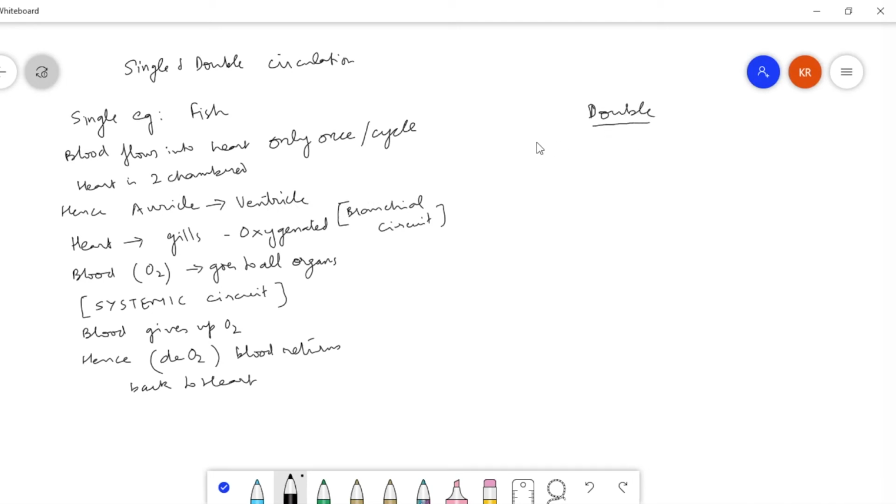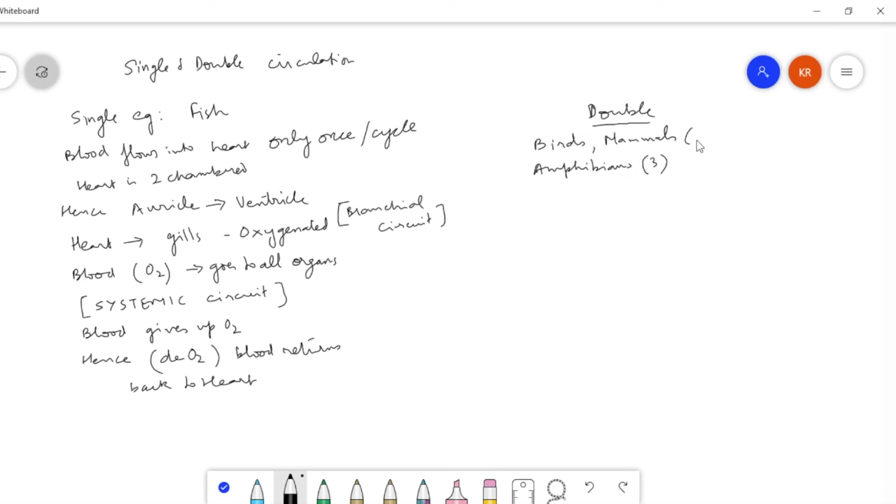where will we get this? We get this in birds. You will get this in mammals. Of course, we get this in amphibians. But in amphibians, there are only 3 chambers.